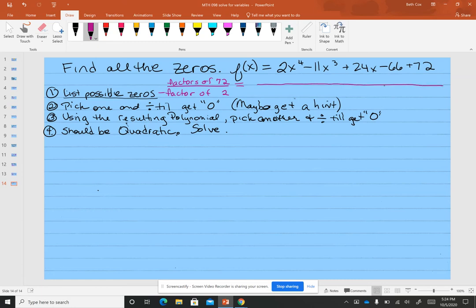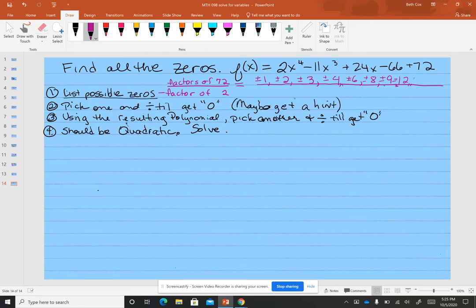Okay, so the factors of 72 are positive and negative 1, positive and negative 2. Get your factor sheet out. Go find them all. I think 4 goes into 72. And let's see, 6 goes into 72. 8 goes into 72. And 9 goes in. And 12. And let's see, 8 times 9.